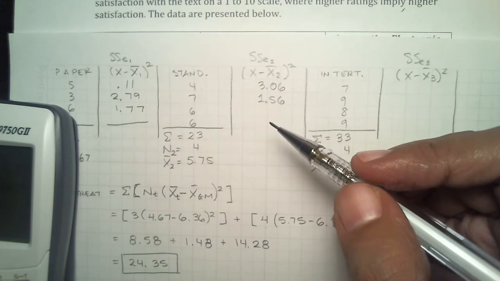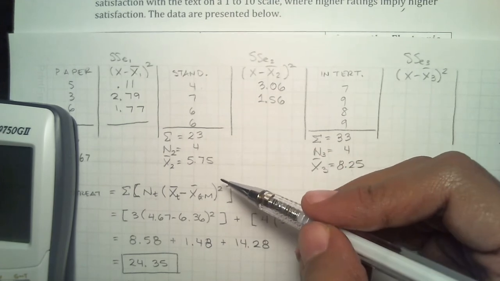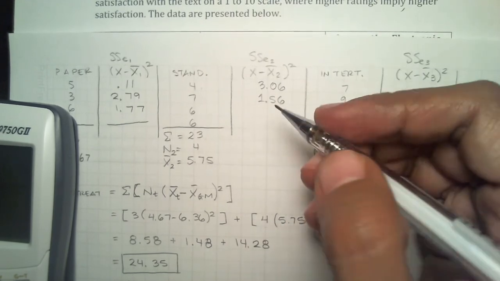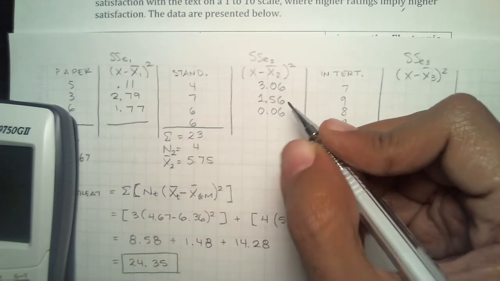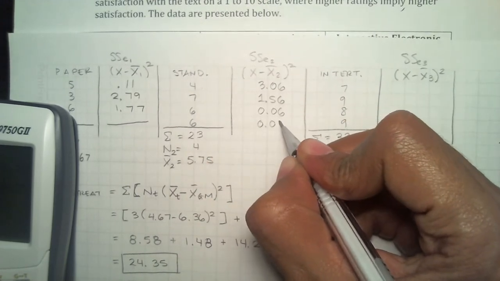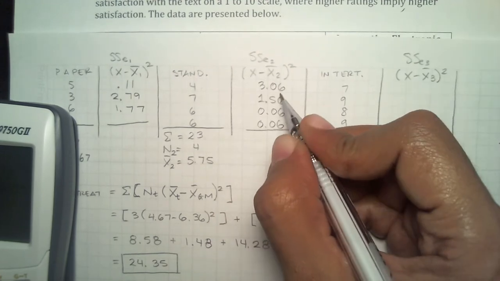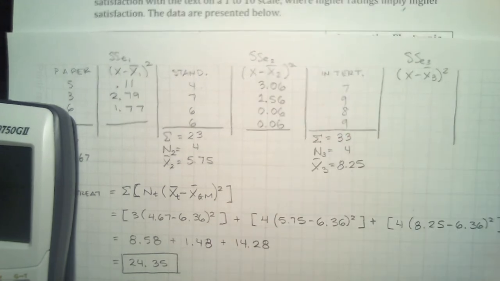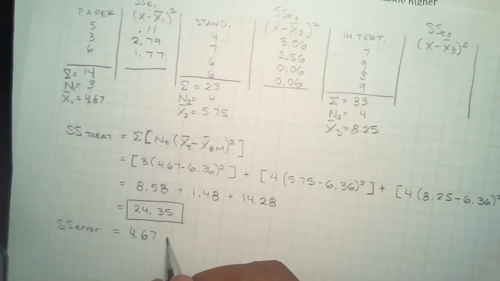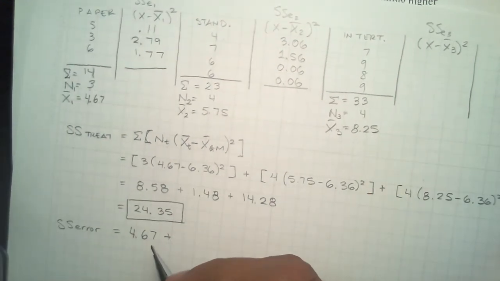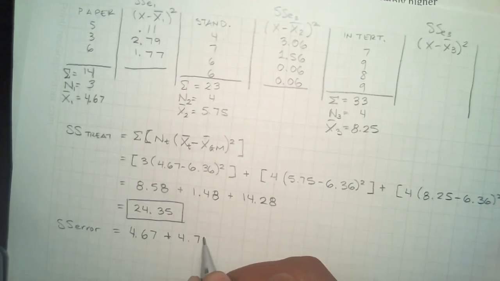Next is 6 minus the group mean, 5.75. Square that, 0.06, and it'll be the same here. Okay, so now I add this up, and I will get my next value here. So that adds up to 4.74.